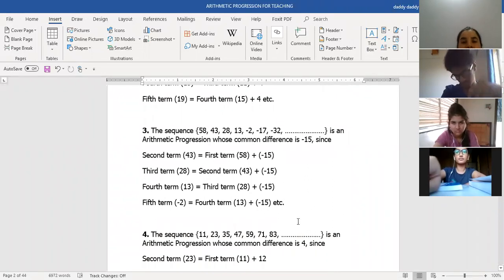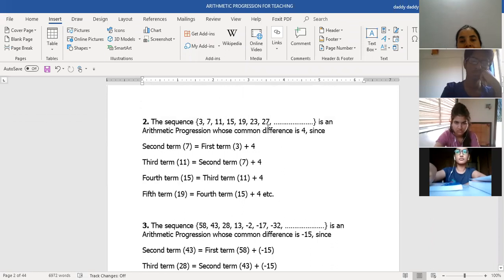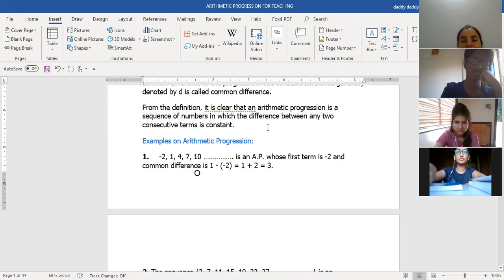See this example 3, 58, 43, 28, 13, minus 2, minus 17, minus 32, and so on. Now, if you see this chain and you try to compare this with the second one and with the first one. In the first one, my first term was negative. After that, I slowly started moving towards the positive.